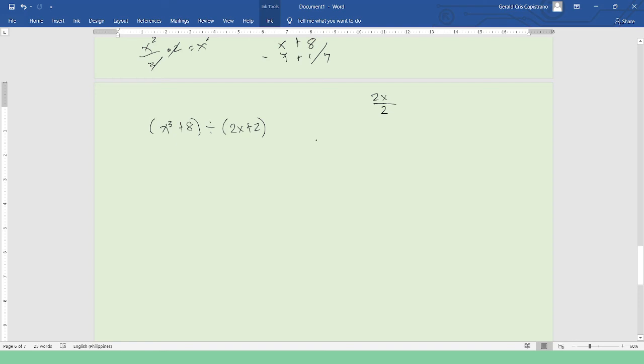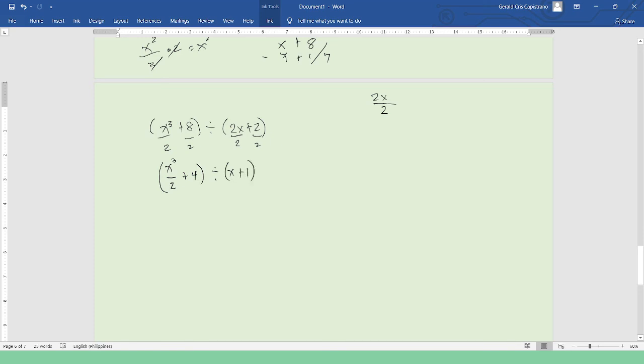So, ganito. Gusto nating i-divide itong 2x ng 2 para makancel natin siya at maging 1 siya. Kailangan mo rin yung gawin dun sa ibang parts or terms ng expression. So, mangyayari dito, magkakaroon tayo ng x cubed over 2 plus 8 divided by 2, that will be 4, divided by x plus 1.